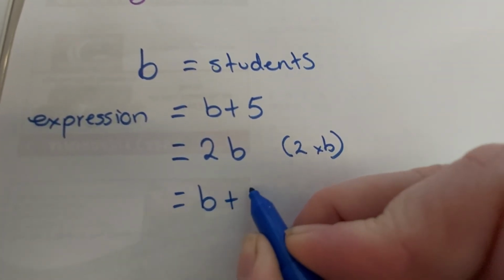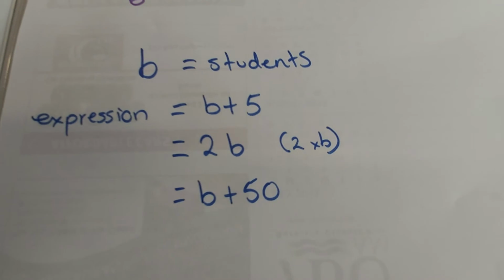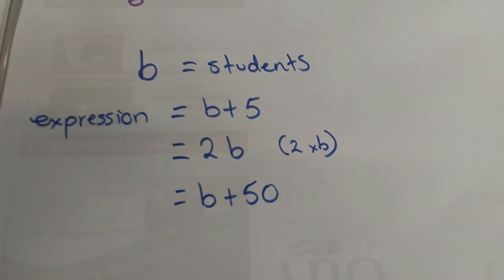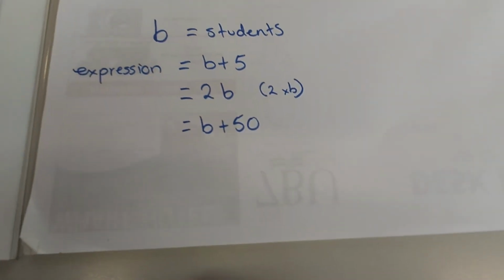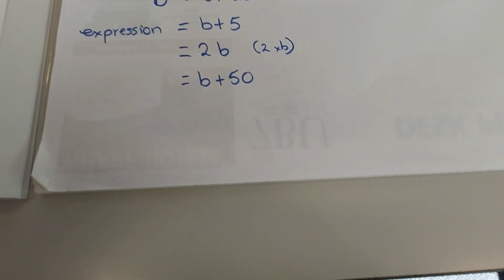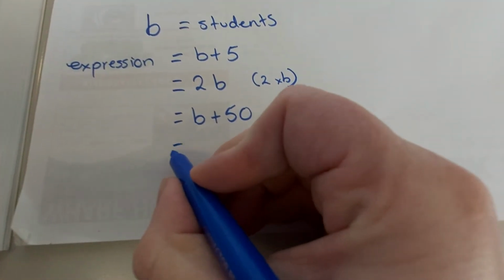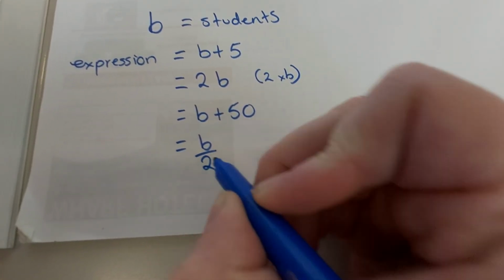B plus 50. Okay, if we had divided our class in 2, all right, it would be B divided by 2.